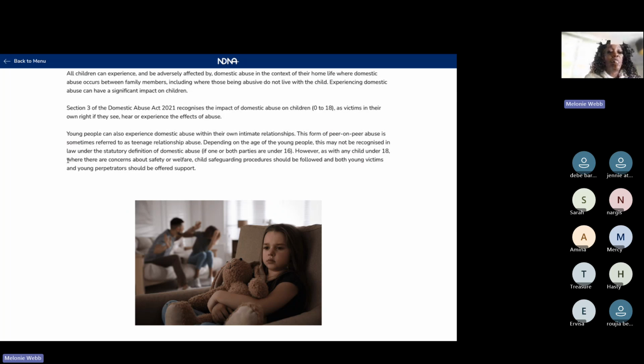The law doesn't recognise that as breaking the law under the statutory definition of domestic abuse, but it might be referred to as teenage relationship abuse, which doesn't have the same effects as domestic abuse in law in terms of prosecution.